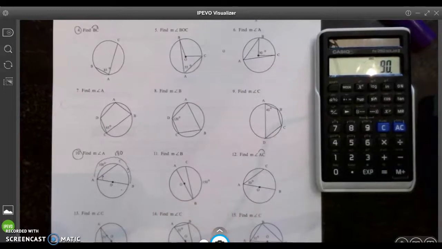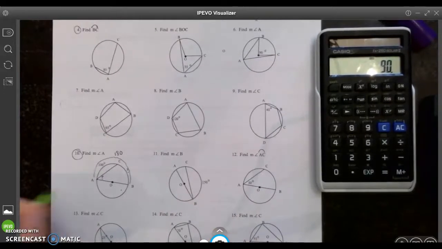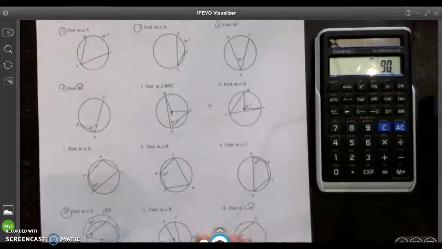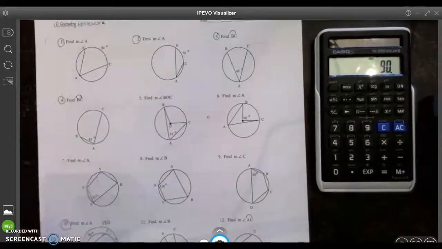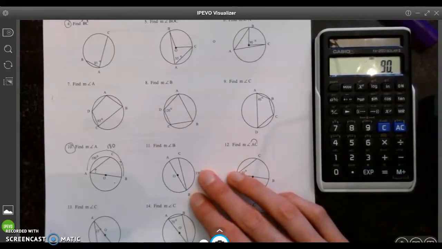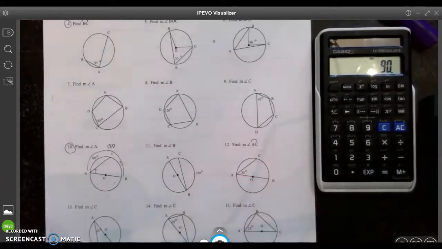You need CB before you can find angle A. And let's stop there. Let's do 1, 2, 3, 4, and 10. And I'll format this a little bit differently in Classroom on a sheet of paper, so it's not all of the problems for you to see.